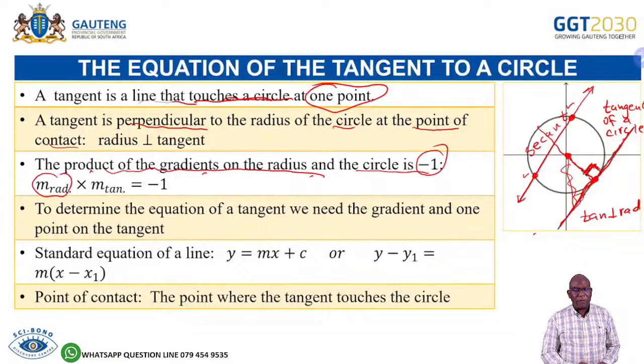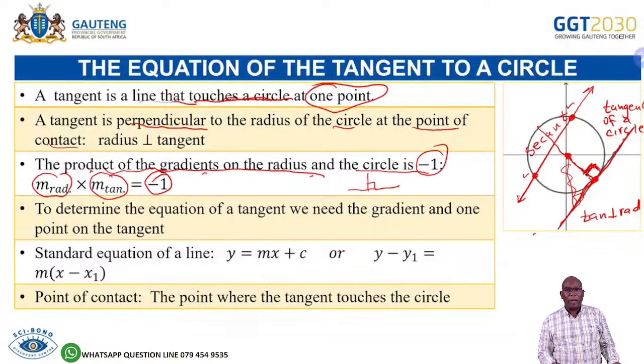The gradient of the radius times the gradient of the tangent will give me -1. Because of perpendicular lines, when you're doing your straight lines, perpendicular and parallel lines, you know that if the gradient of one line times the gradient of the other line gives me -1, it means that the lines are perpendicular.